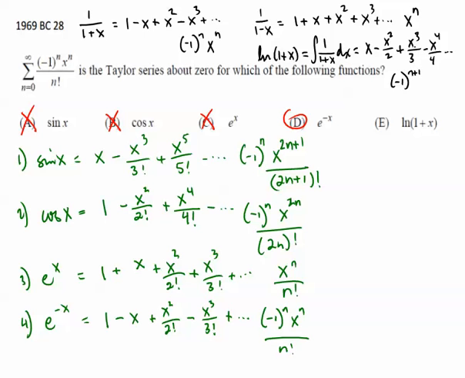And then we would have x to the n over n. First term, second term, third term, etc. And so we can see that that's not the one either.